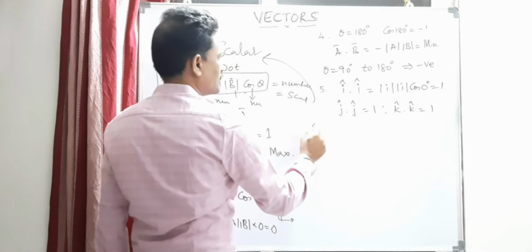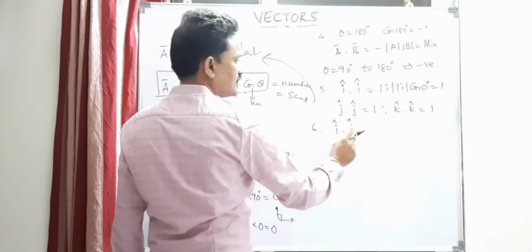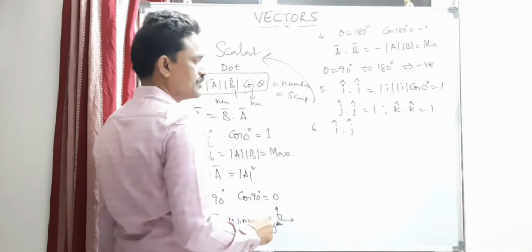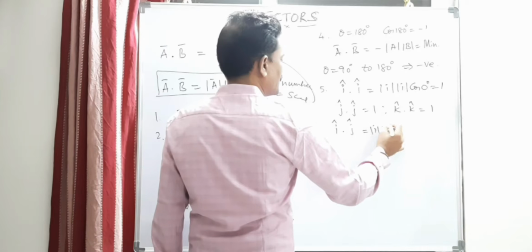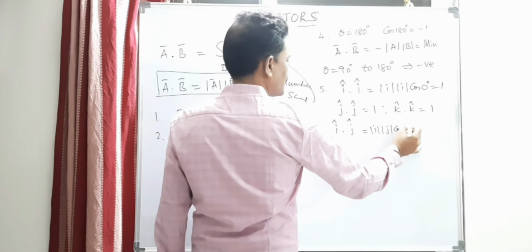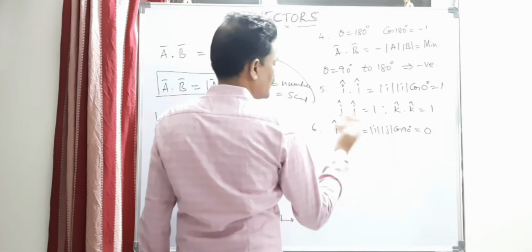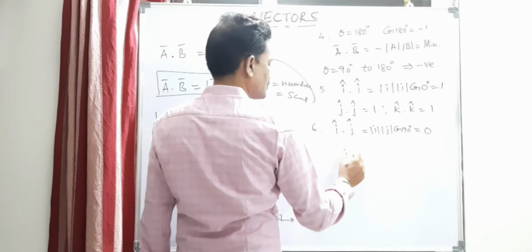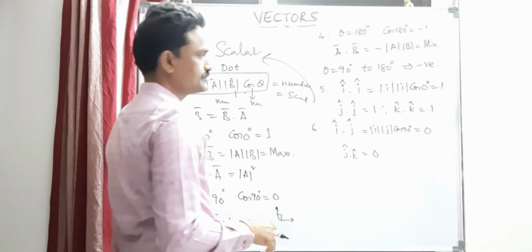Next, sixth one, if I write I dot j, I is on x-axis, j is on y-axis, the angle between x and y is 90 degrees. So it becomes mod I mod j cos 90. What is the value of cos 90? It's 0. So it becomes 0. So you can write any two, that is j dot k is equal to 0 or k dot j is equal to 0.